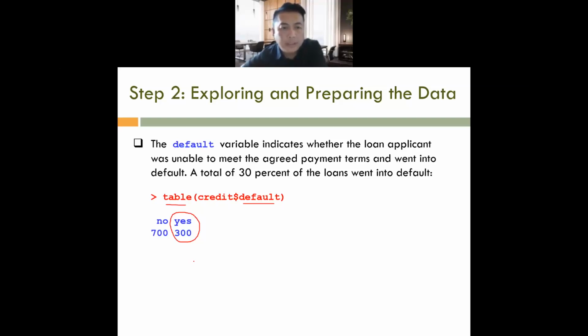So for that reason, if there is a new applicant, they will look at the information. Based on that information, they can predict whether the new applicant can pay the loan or not.